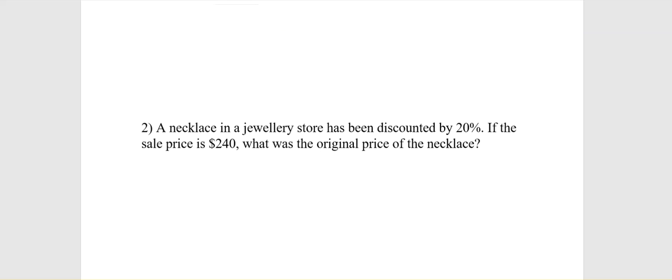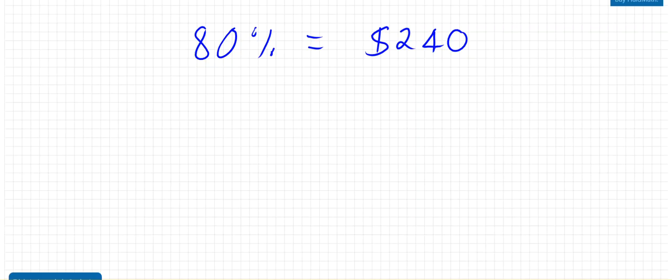So how much has the customer actually paid for this necklace? They've paid 80%. So in your working out, you should have had 80% is equal to $240. Because remember, they had a 20% off discount. So 100% take away 20% gives us our 80%. So just be very careful. If you had 20% equals $240, that's where you would have made a mistake. And a lot of people make that mistake.